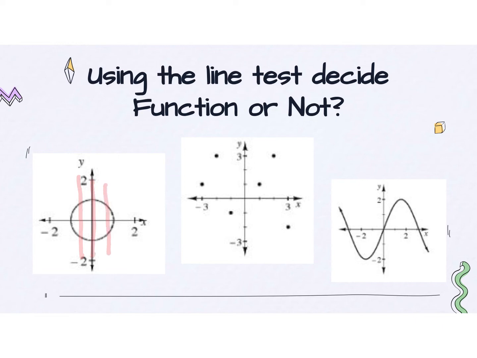Then we'll come back up and we'll take a look. It is clear to me that we have crossed over multiple times. Therefore, the circle is not a function. Let's go ahead and do the last one next. We'll get back to the middle one.